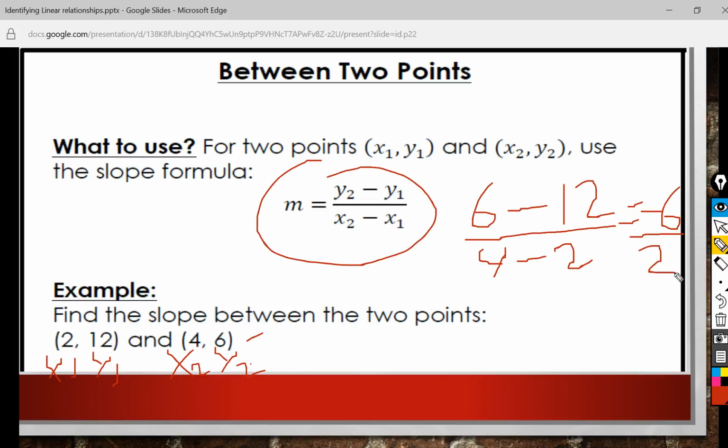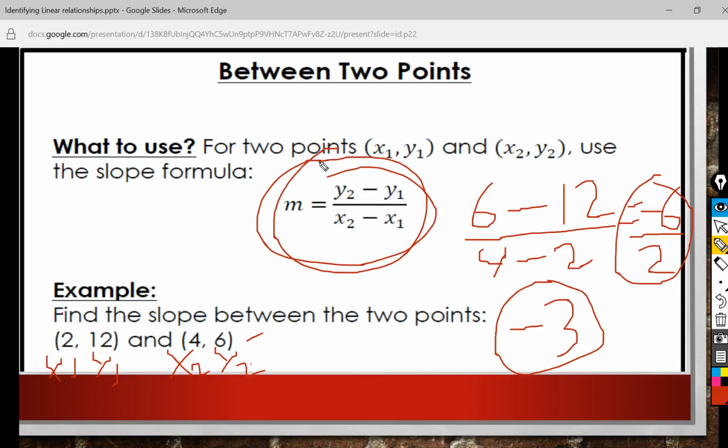So our slope is negative 6 over 2, but we want to reduce that. I'm just going to do the numerator divided by the denominator: negative 6 divided by 2 equals negative 3. So our slope for this example is negative 3. All I did was use this formula and plug in my points. Simple as that.